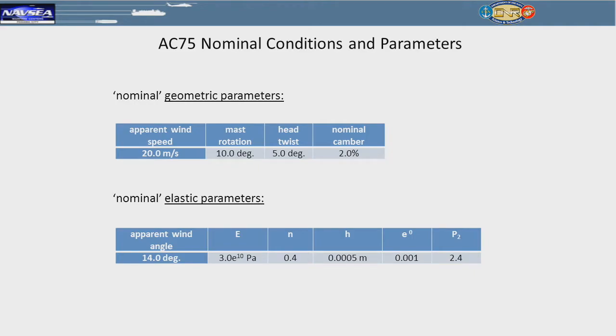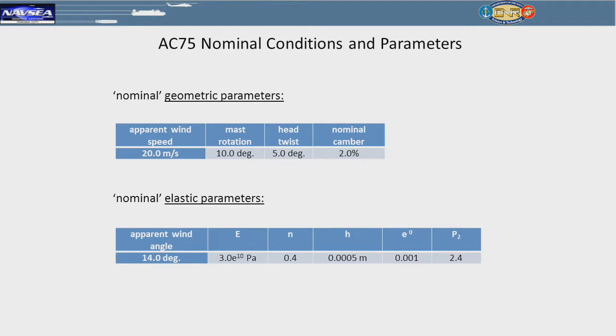Some of that's controlled by the class rule. Some of it is controlled by some guesswork on the part of myself and my colleague on what the sails actually look like. And so when we say nominal geometric parameters, for example, we're just talking about some assumptions we made regarding the mast mainsail system for the AC75 and how it's used in practice.